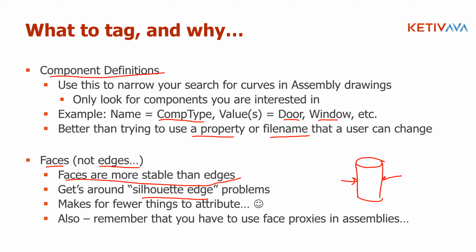They don't physically exist in the part model, but you can tag the face, and then in the drawing environment, you can give it the face when you're looking for drawing curves that are created from this, and they will understand to hand you back these two edges that are the silhouette curves. Again, we'll see this in an example. Also, by tagging faces, that means there's fewer things you have to attribute, so less work for you.